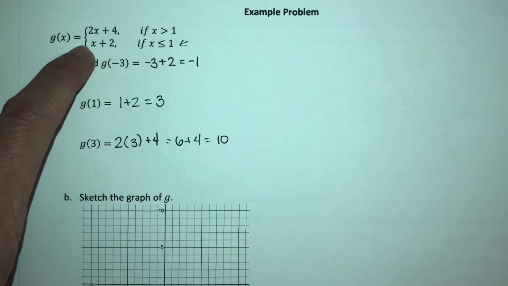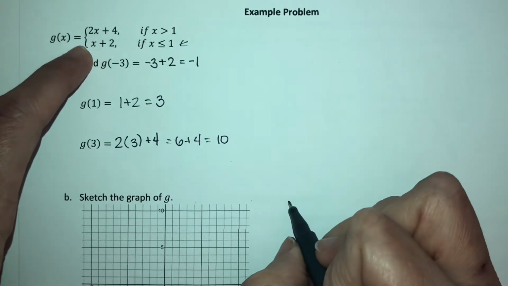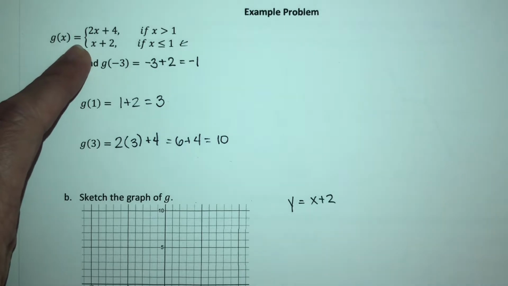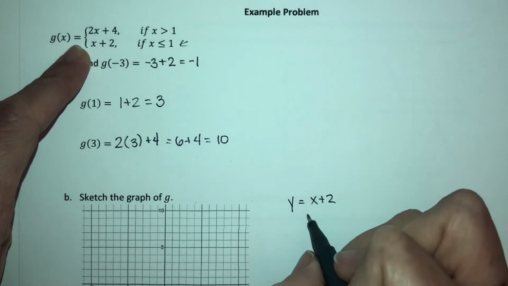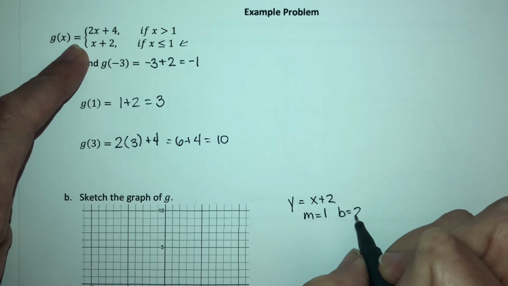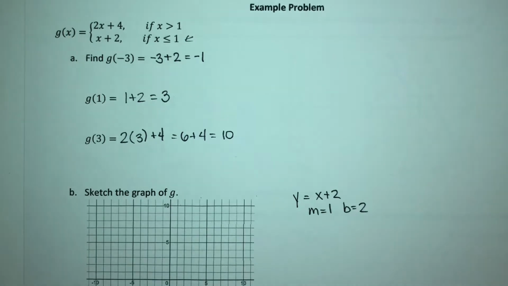If I want to graph this line, I'm actually graphing y is equal to x plus 2, which will be the line with slope of 1, and our y-intercept would be 2. Now I'm just going to put some points on my graph so that I can get the line correct.